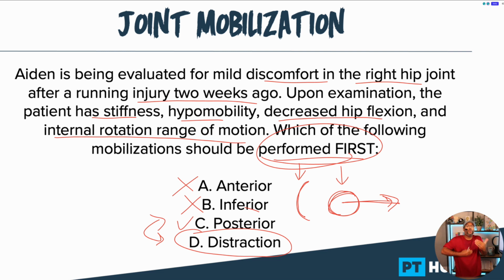So this is our procedure. It's how we test the joint first. So a distraction, or this non-specific general technique, will always precede a posterior, inferior, or anterior glide. All right. And so D is actually answering the question and therefore is the final answer here.